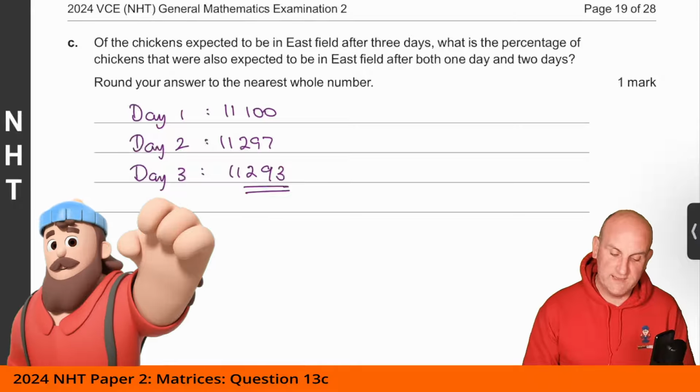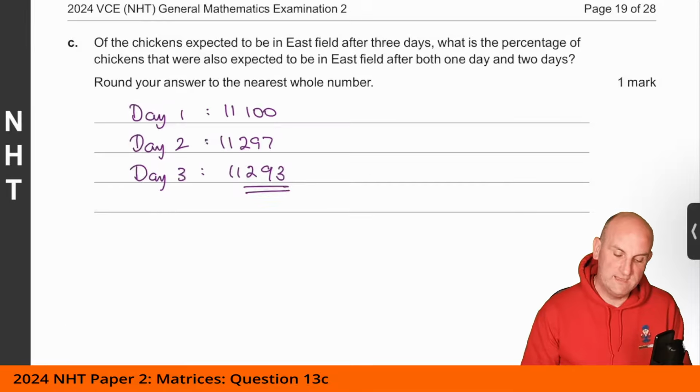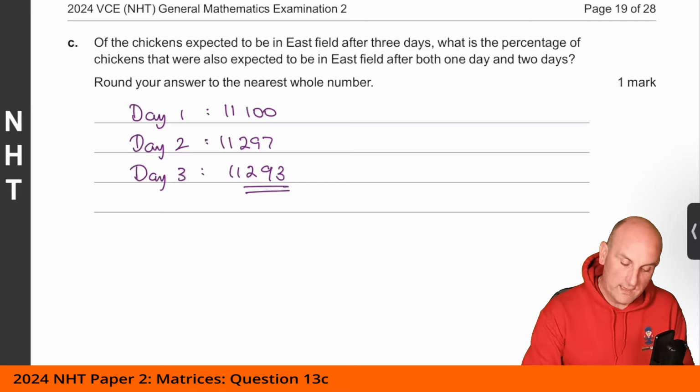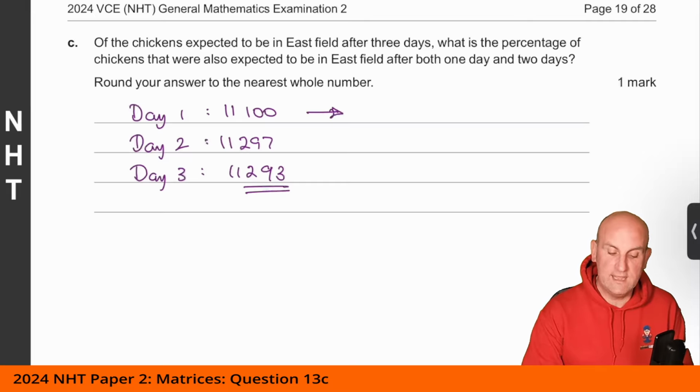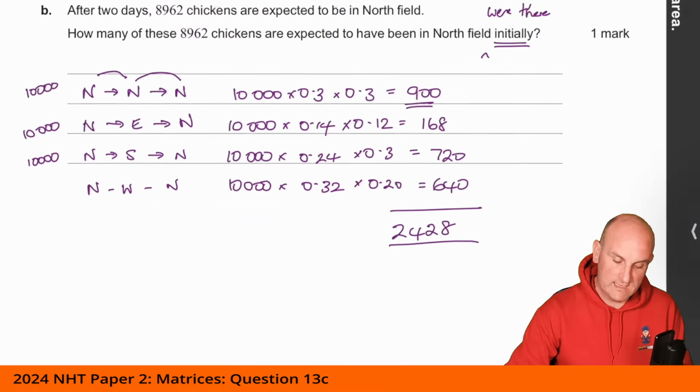But of the chickens expected to be in the East Field after 3 days, what is the percentage of the chickens that were expected to be in the East Field after both 1 day and 2 days? Well, we know that after 1 day, there were 11,100 chickens. What percentage of those stayed on in the East Field? If we go back here and go East to East, 28%.